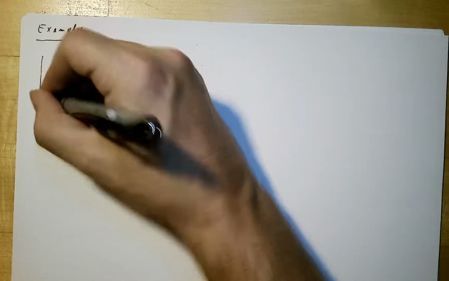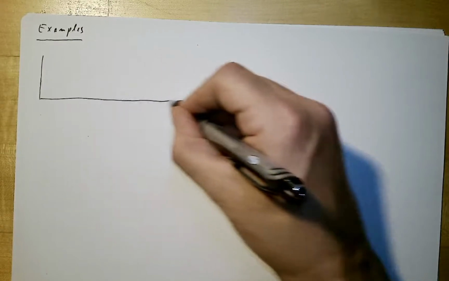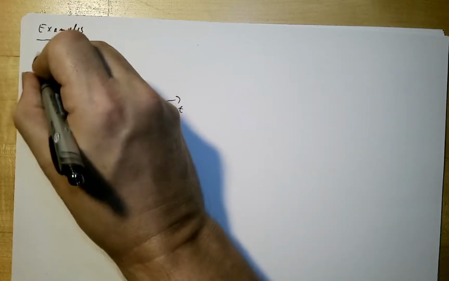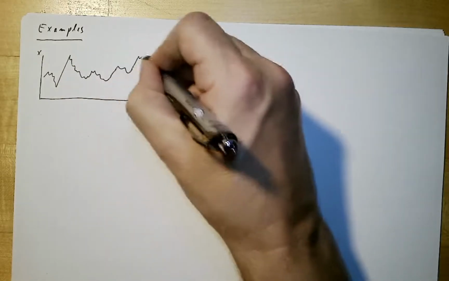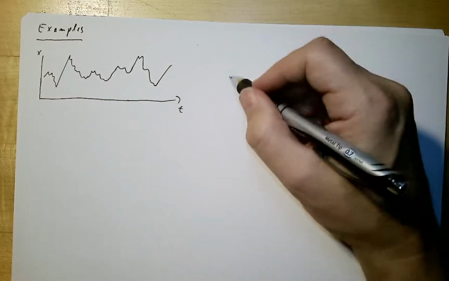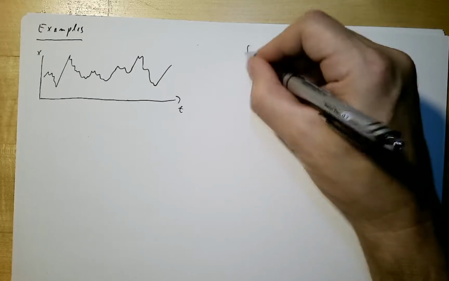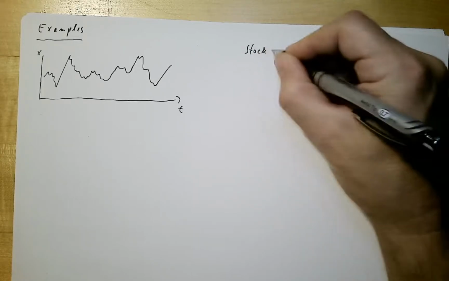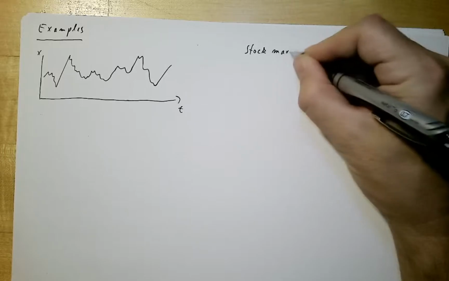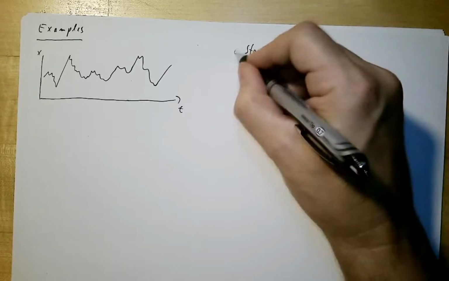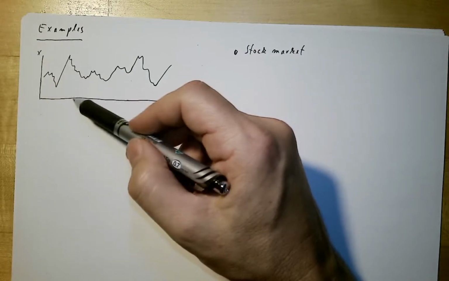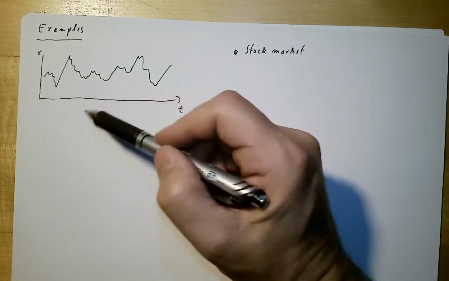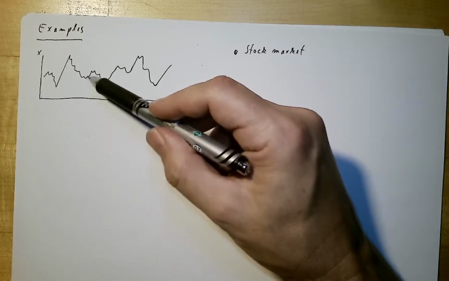And so, for example, one typical example where you always see such curves would be the stock market. Yeah. So then you have the stock over time, which tells you something about the state of your economy.